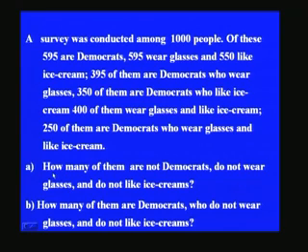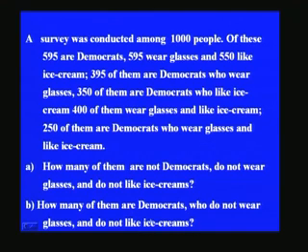The first question is, how many of them are not Democrats, do not wear glasses, and do not like ice cream? The second question is, how many are Democrats who do not wear glasses and do not like ice cream?